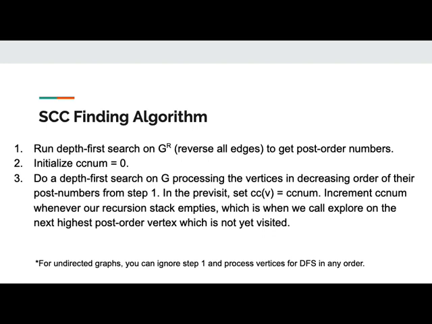Okay, so I claim the existence of such a decomposition of graphs, but how do you find it? These things are also in the textbook. So basically, the first step is to run depth first search on the reverse graph of G to get the post number orders. And remember that the highest post number lies in the source component.